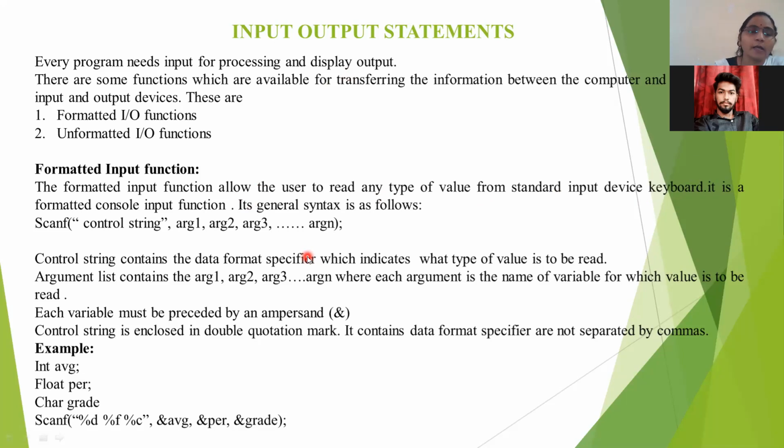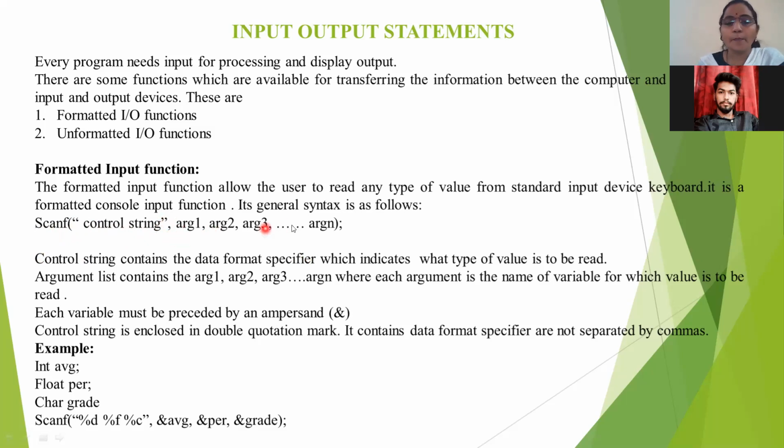The very standard and popular input function used in the C language is the scanf function, and this is the general syntax of the scanf statement. Scanf, then in brackets, the first parameter is the control string. Always remember that the control string is included in double quotation marks.